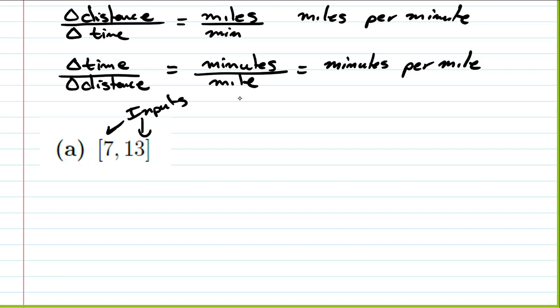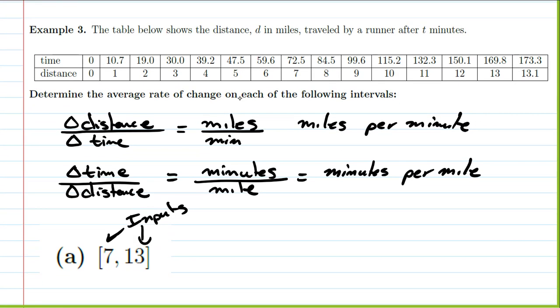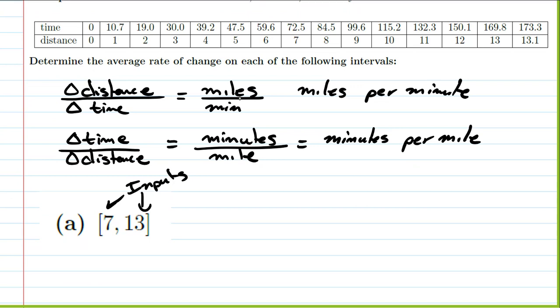So this means I'm going to input 7 and I am going to input 13. And if I go look at my table, do I have values for 7 and 13 in the time row? No. So then these must be distances. So if the distances are the inputs, then the times are going to be the outputs. And remember, our slope is always outputs divided by inputs.